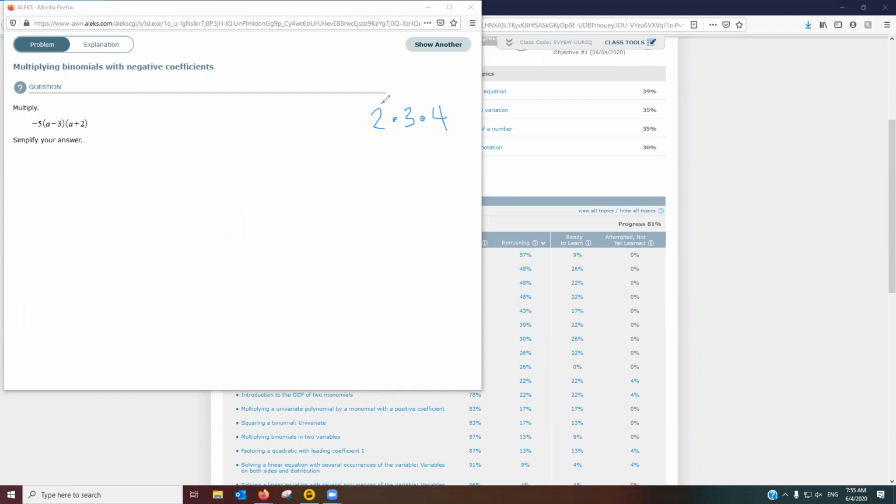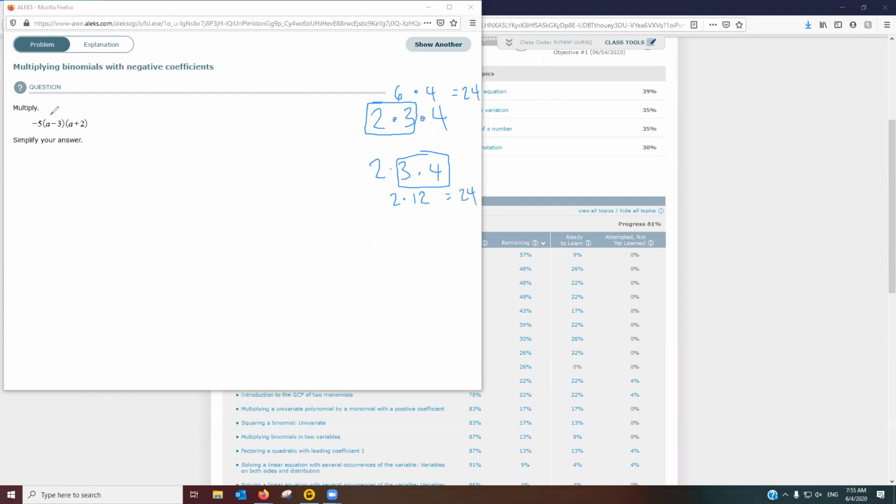I could multiply the 2 times 3 to begin with, or I can multiply the 3 times 4 to begin with. The order doesn't matter. In this first example, if I multiply 2 times 3, that'd be 6. 6 times 4 is 24. In this example down here, if I multiply the 3 times 4 together, that'd be 12. 2 times 12 is still 24. So the order doesn't matter.